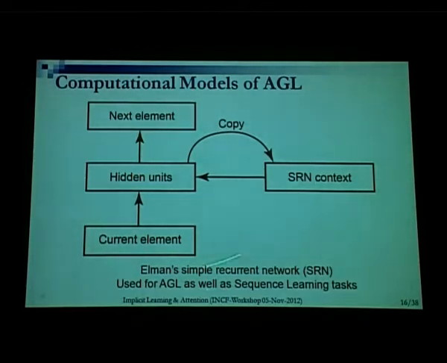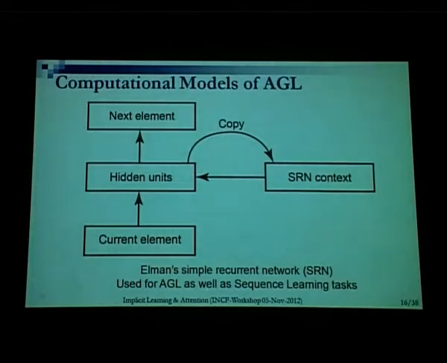Although this is a supervised learning approach, there are other methods proposed in the literature which work on unsupervised or self-organizing approaches. For example, people used autoencoder type of networks to learn these grammatical strings.